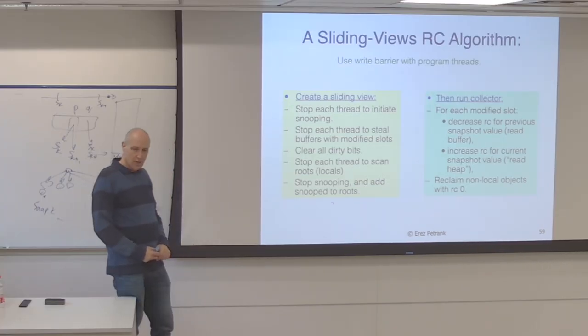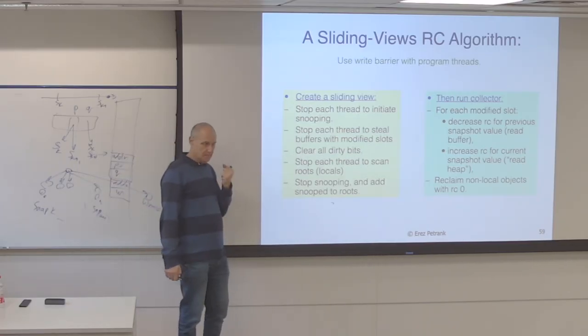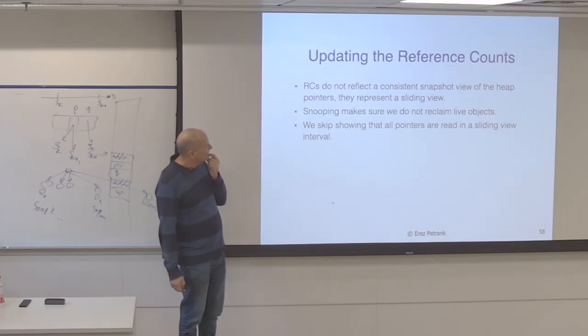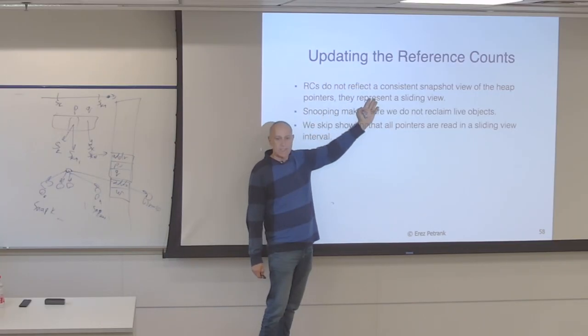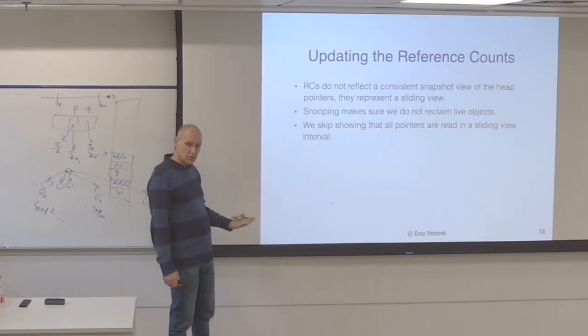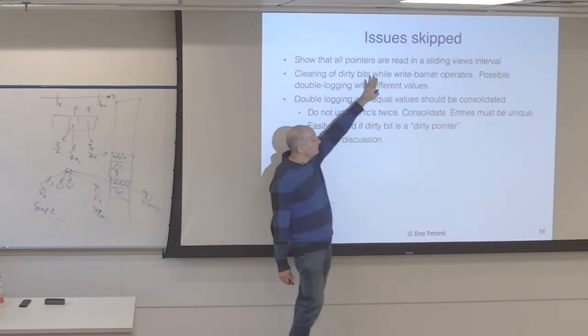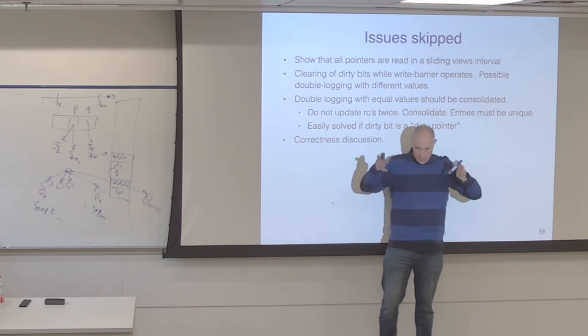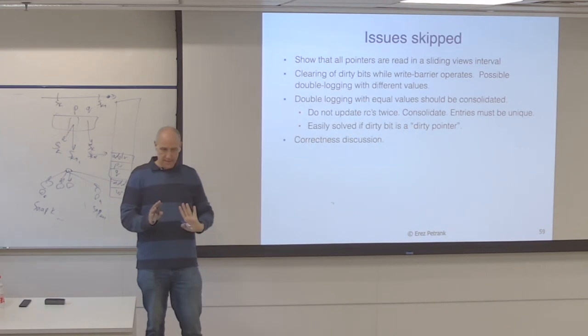I will not start proving it as we did last time. So, it's not a consistent snapshot, it's a sliding view. It's more complicated. You have to work on showing that it's correct. I will not show that all the pointers are read in the sliding views. It's similar arguments to what we had last time.